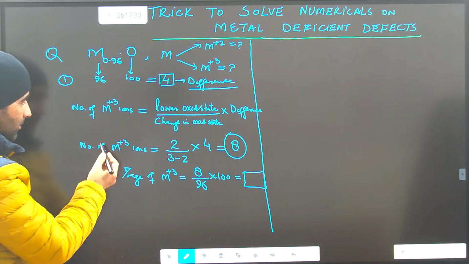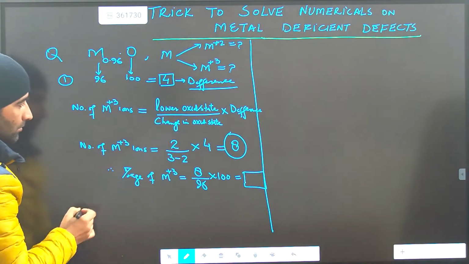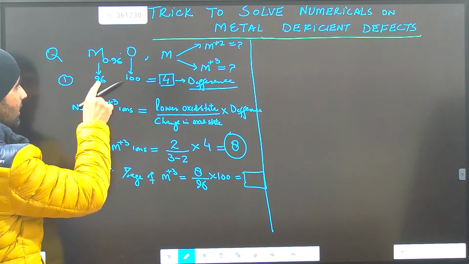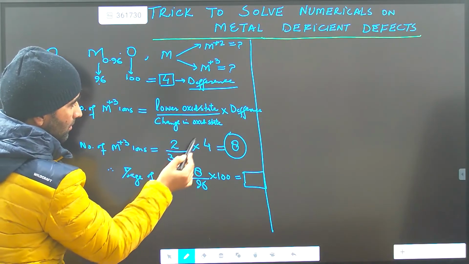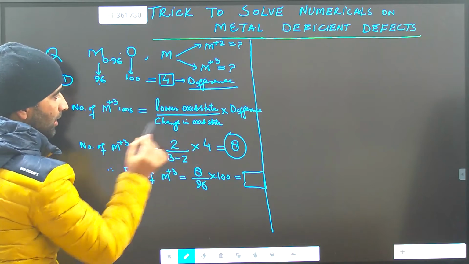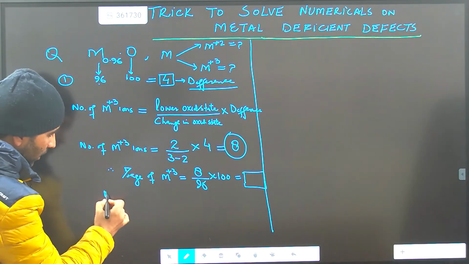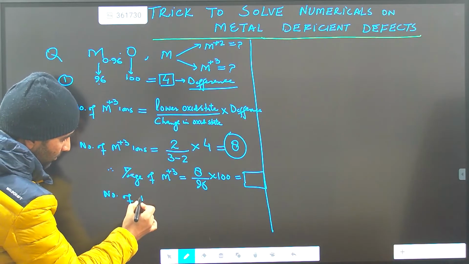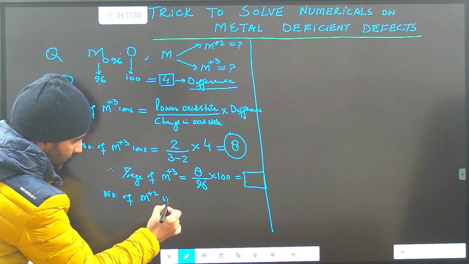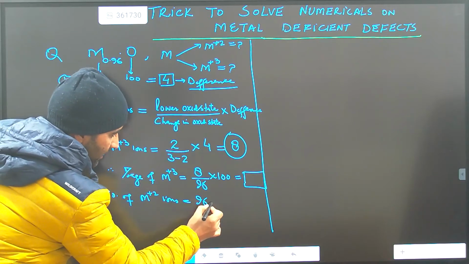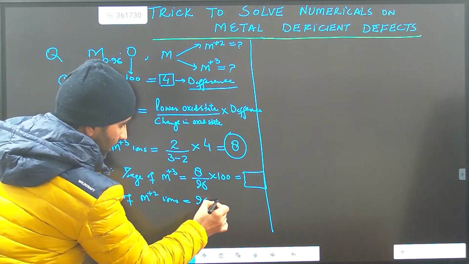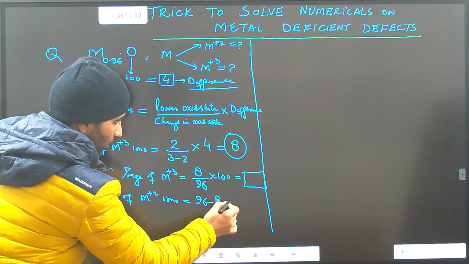And if you have to calculate the percentage of M plus 2 ions, now you know, out of 96 atoms, M plus 3 ions are equal to 8. So number of M plus 2 ions आप पहले calculate करेंगे. That will be equal to total में 96 है, minus जो आपके पास आएगा that will be 8, तो M plus 3 ions है. टोटल में कितने बचे?